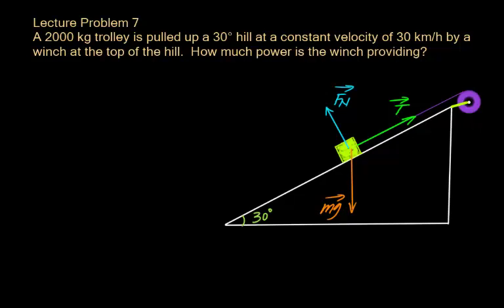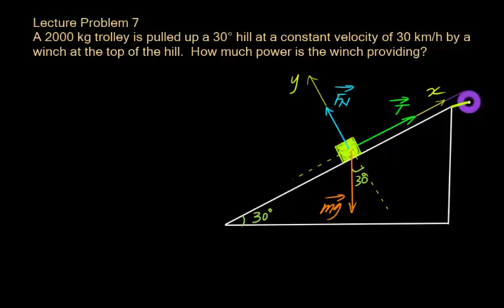The coordinate system is going to be chosen in such a way that the x-axis is lined up with the direction of motion, which is up the inclined plane. Notice that the angle that the mg makes with the y-axis is the same as the inclined angle, which is 30 degrees.